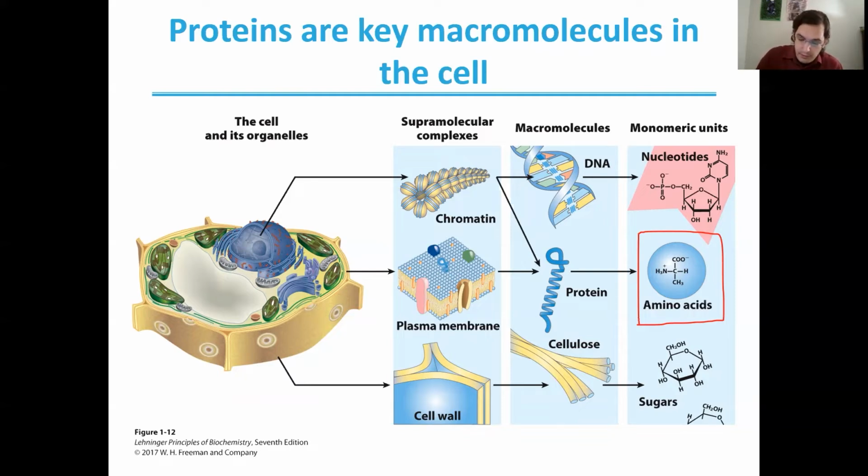And those smaller molecules, those monomers, we call them, are these simple amino acid molecules. So we're going to start by looking at the details of our amino acid structure so we can understand how our individual amino acids behave. And then we'll see how we can link those together to make proteins and then make all the various functions of our proteins within our cells.